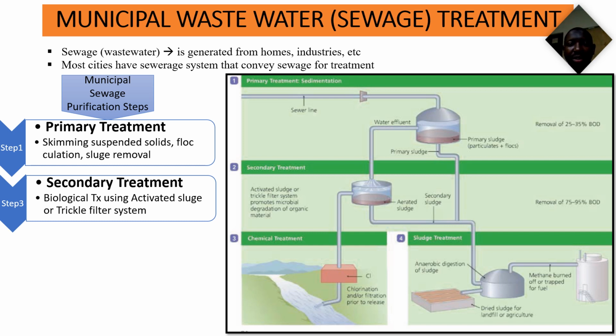Now, the next step therefore involves the treatment of the sludge. The purified water collected can be released, while the sludge, as we said, collected from the primary and secondary treatment will be sent to anaerobic tank for treatment.